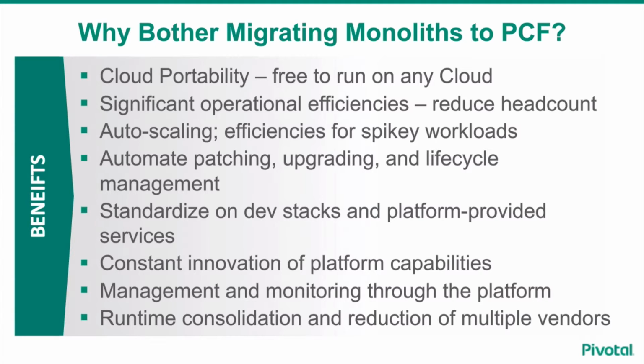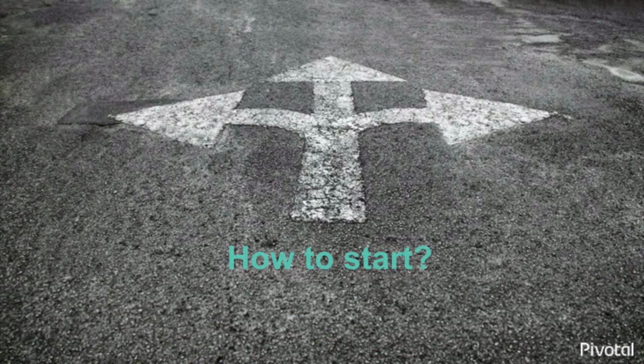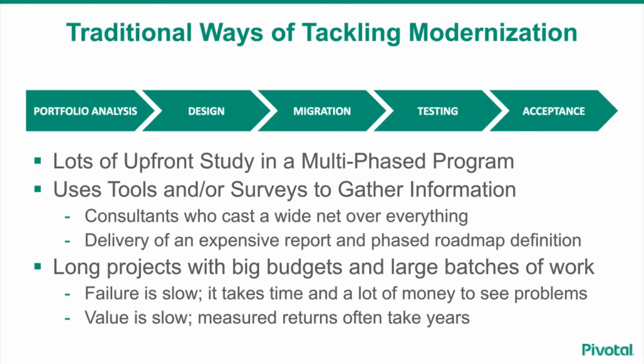There are some other benefits here that you can see, but in the interest of time, I'm not just going to read the slide. Let's get into a little bit more detail on how we get started, right? Where do you actually engage? The traditional way of evaluating getting started is, okay, let's look through our whole portfolio, let's do a bunch of design, let's think about our migration path, do some testing, and then ultimately get these things accepted.